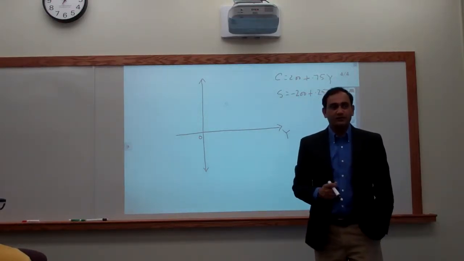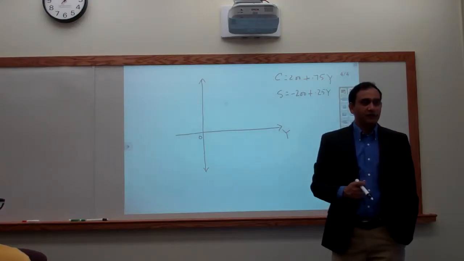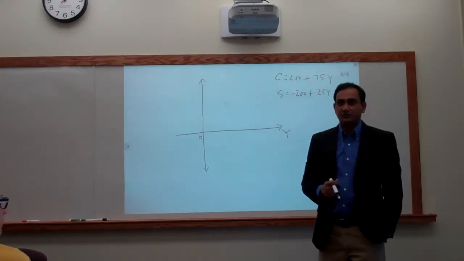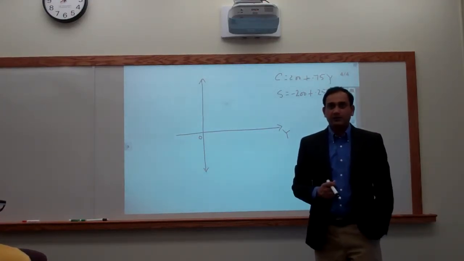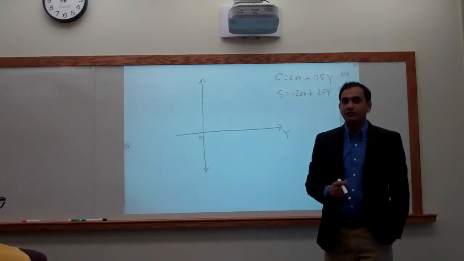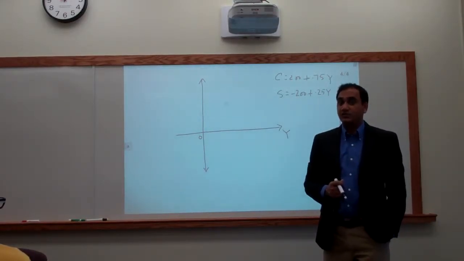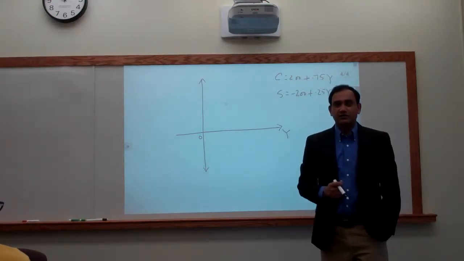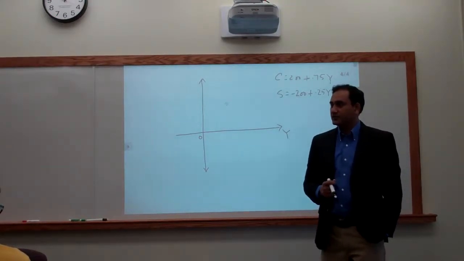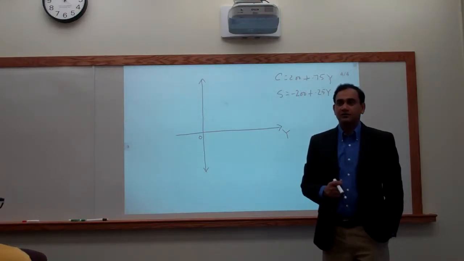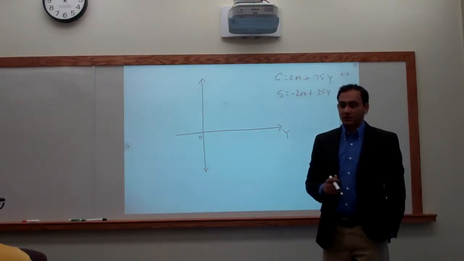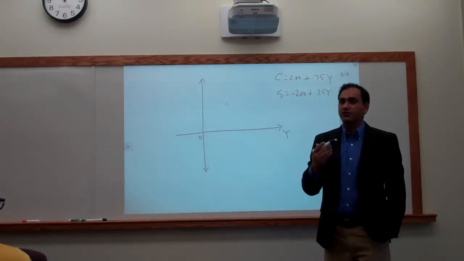What do we call that number? What does it represent? The slope, but the slope of what? Savings function. And what is the economic interpretation of this slope?